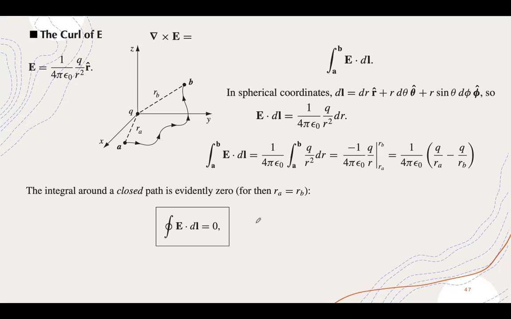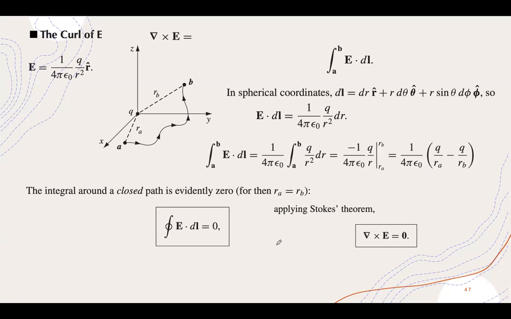Therefore we can apply Stokes theorem, which you learned last time, and say that curl of E equals 0. This is an idea that alternatively we can also prove that the curl of E is equal to 0 for a static charge distribution.